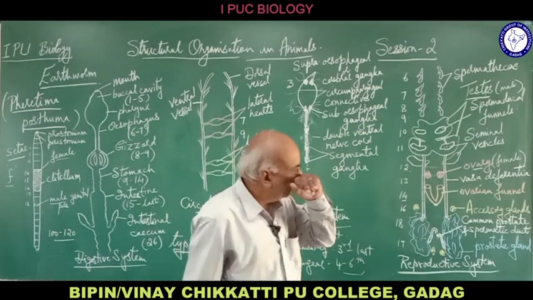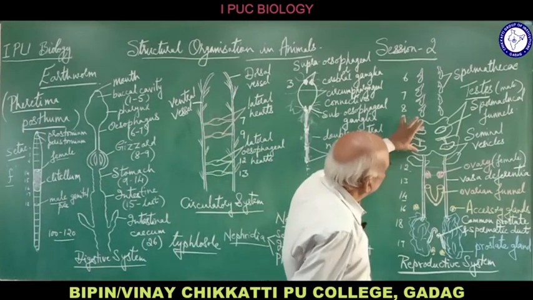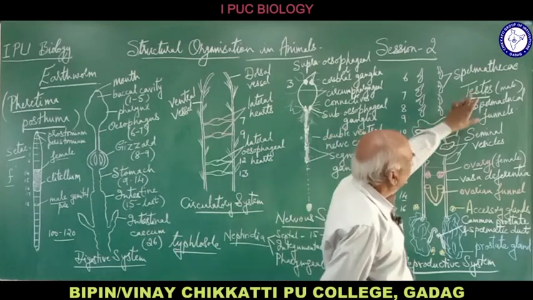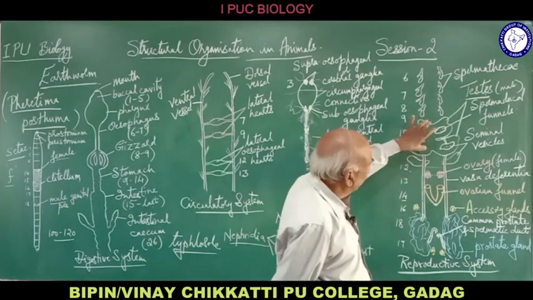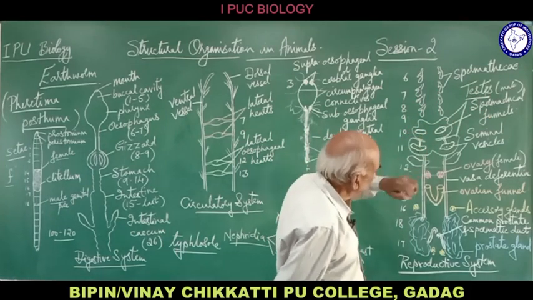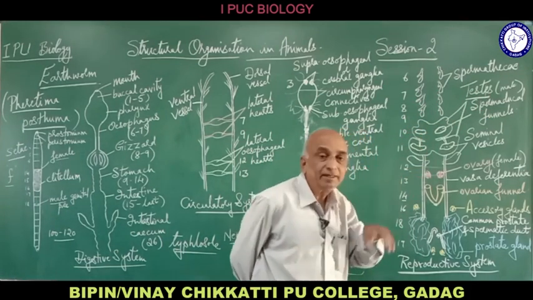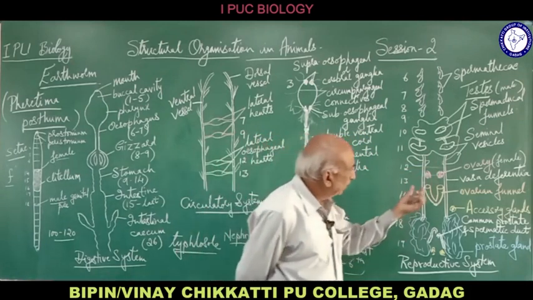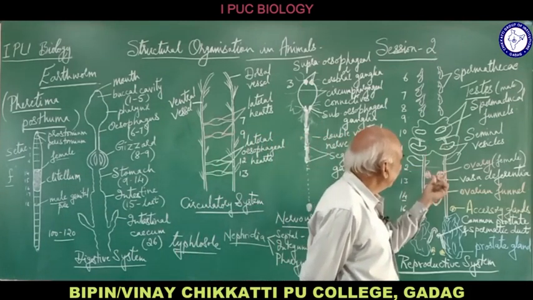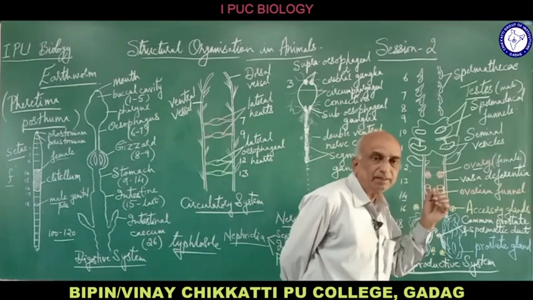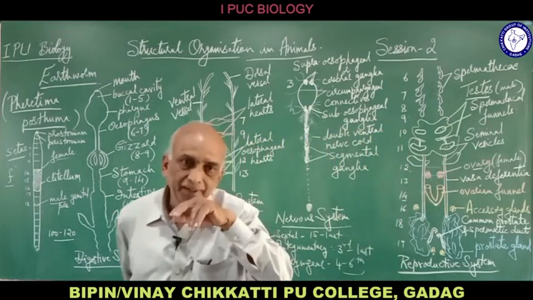Sometimes we think that the male gametes produced from the testis, that is the sperms, are released, and the ovary contains the female gametes. So the female gametes and the male gametes fuse and form the zygote, and further development takes place.